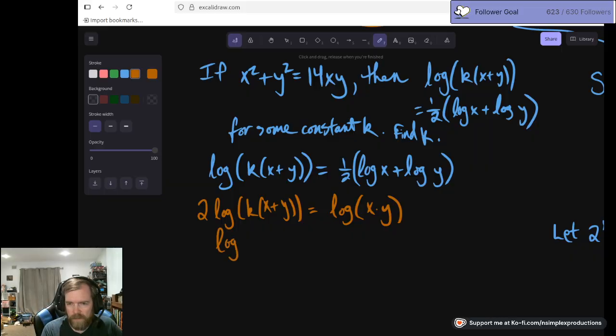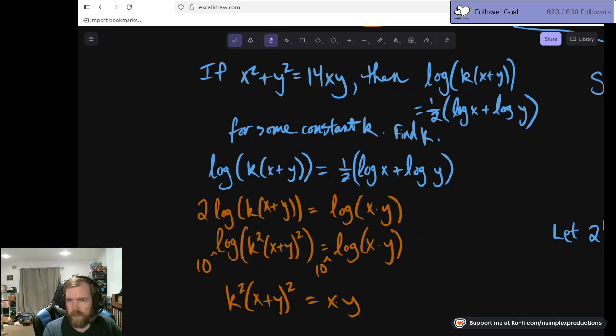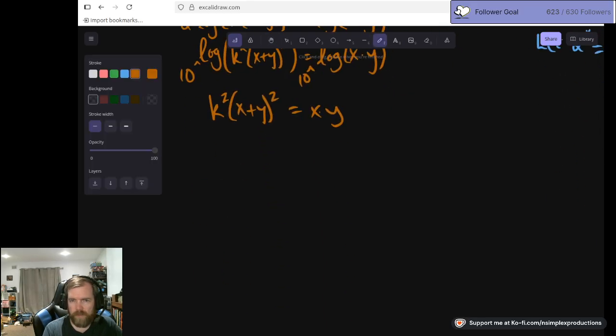This will get us log k squared x plus y parentheses squared is equal to log xy. Okay, we're going to raise 10 to both of those sides. That's then going to get rid of our logs. So we end up with k squared times x plus y parentheses squared is equal to xy. Expanding the x plus y squared bit, k squared times x squared plus 2xy plus y squared is equal to xy.